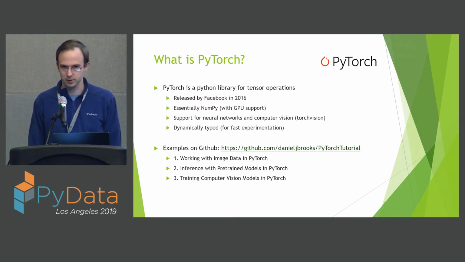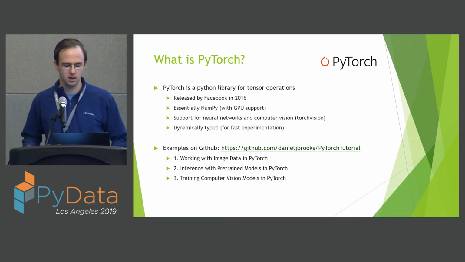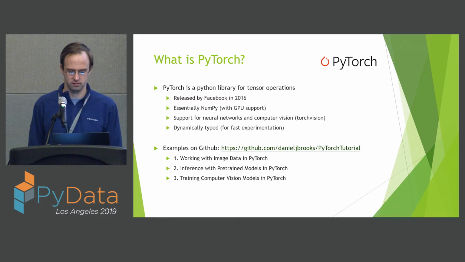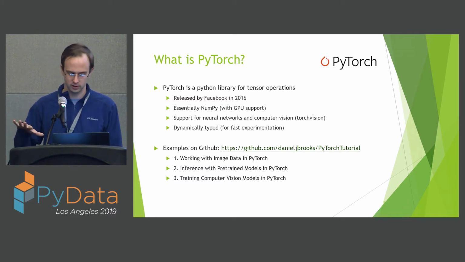It's essentially NumPy with GPU support. There's a lot of integrations with NumPy. So you define tensors. You can put tensors on GPUs. And there's a lot of built-in support for data loaders to load your data set, training neural networks. And there's a Torch Vision package which helps with transforms for images.